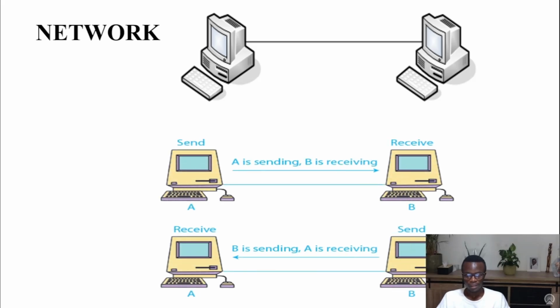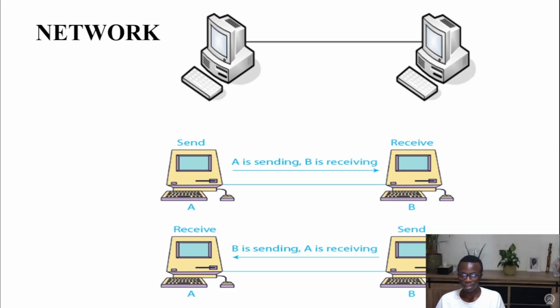You see here we have computer A and computer B, which are connected together and communicating. Computer A is sending information, data, files to computer B, and computer B is receiving the information.